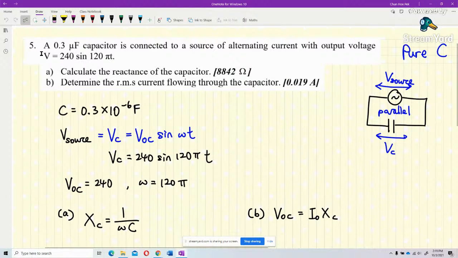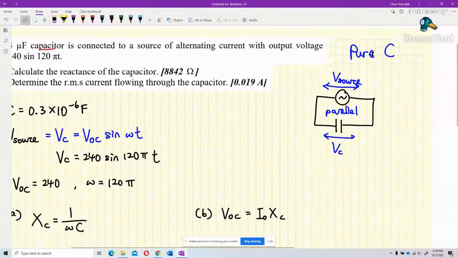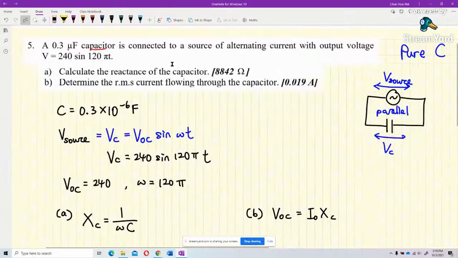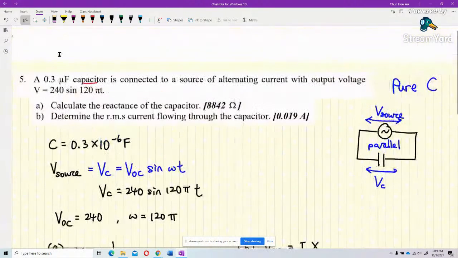Okay, so a capacitor is connected to a source. Identify what kind of component. Only a capacitor, so this is a pure capacitor. You must first know what kind of component a pure capacitor is. This is the capacitance value. Now it says this source has this kind of voltage, so this is definitely V source.